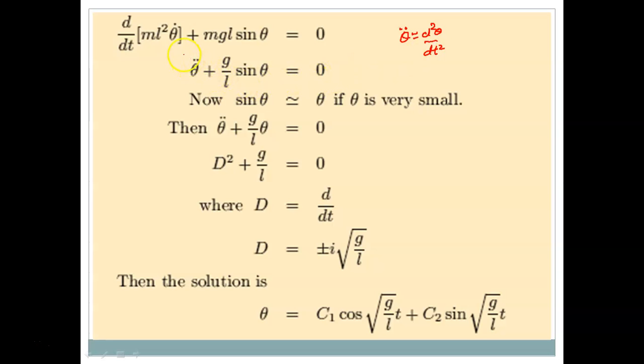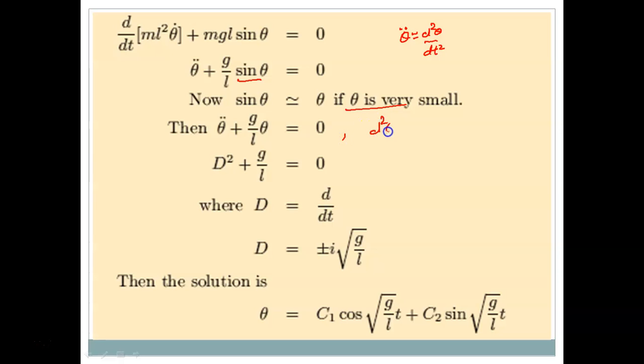So we are left with theta double dot, L, and g sine theta. Divide throughout by L, we get theta double dot plus g by L sine theta. But for very small theta, sine theta is approximately equal to theta. So this can be replaced with simply theta. So the equation we have is theta double dot plus g by L theta equal to 0.